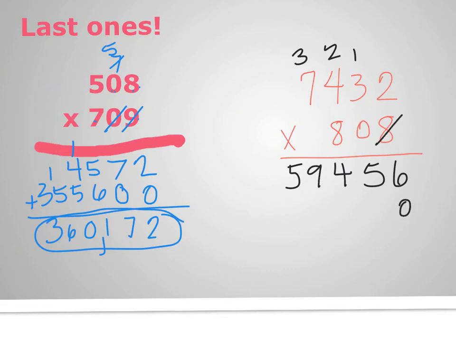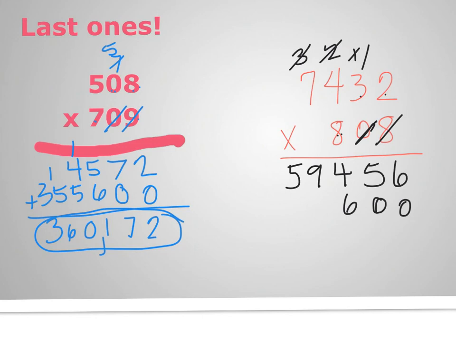Put a 0 to hold your place. In the tens place, we have another 0, so we can go ahead and add one more 0 to hold that spot, and we're going to multiply times your 8. 8 times 2 is 16. And again, notice how my numbers are all lined up. It makes it easier, and I'm writing neatly and spacing out, so it's making it easier for me to work these problems.